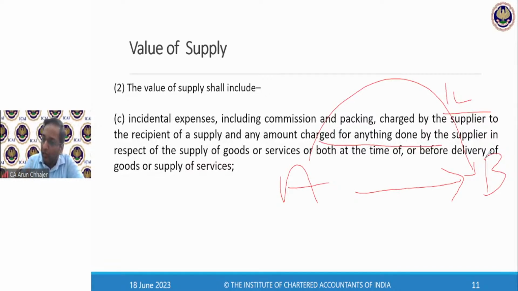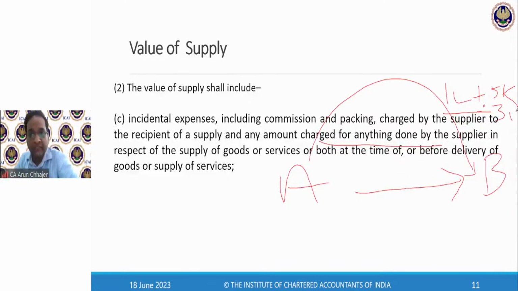So A is adding rupees 5,000 for transportation, 3,000 for packing, let's say 2,000 for labor charges. He is raising the invoice for goods rupees 1 lakh, and adding packing, freight and labor charges, 5, 2, 3, total 10,000.